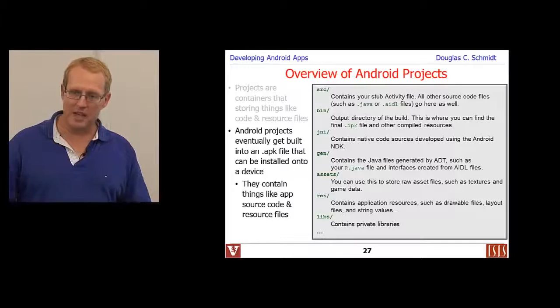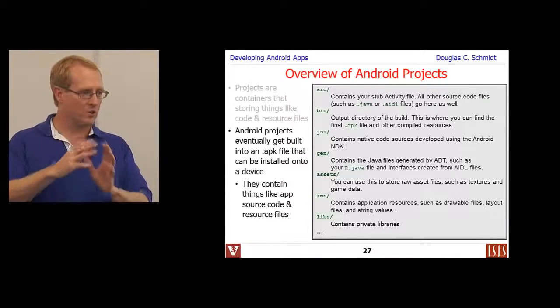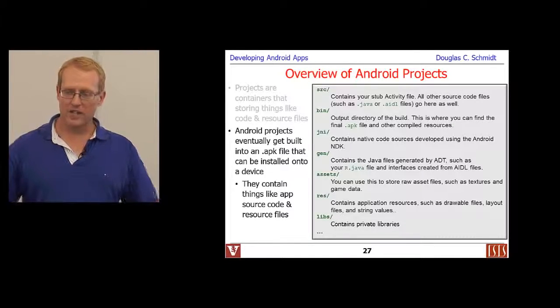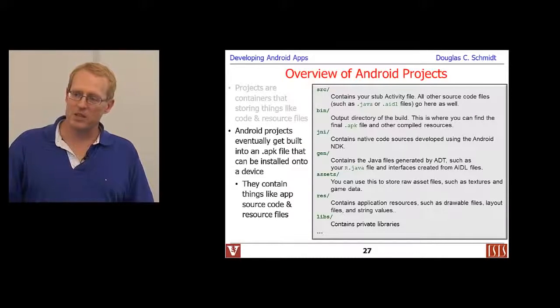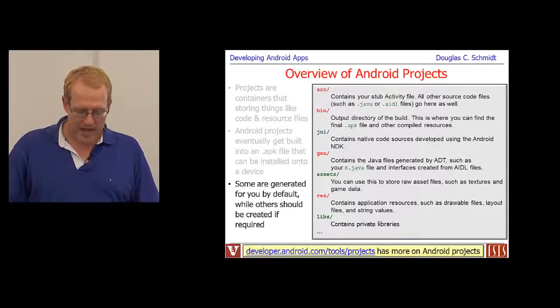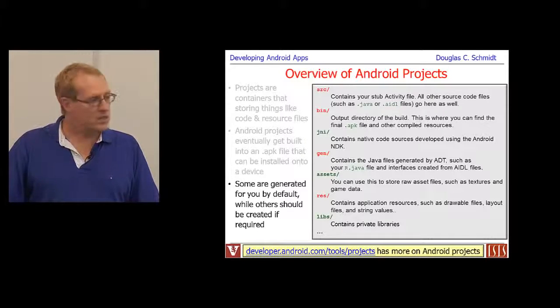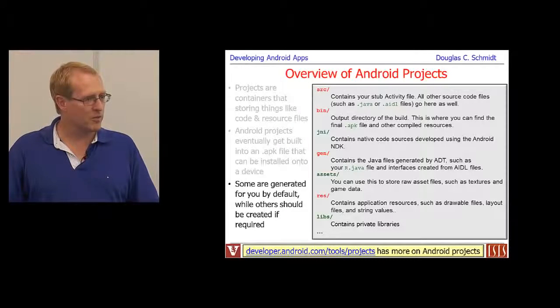As a development aid, they are used to keep track of a bunch of things that you need to build your app and to be able to associate your Java code with the layouts, with resources, strings, other kinds of information, menus, and so on. But they're also used to build up the information that's going to be ultimately converted into a package, an APK file, and then downloaded to a device and used to run the application in a relatively self-contained way. And there's a whole pile of things in here, which we're going to talk about in a second. Some of these things are things you write, and some of the things are things that are generated for you automatically.